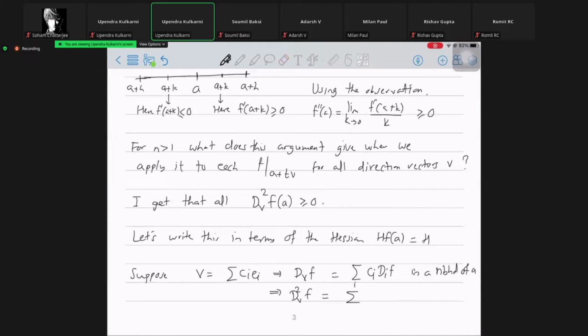Now I have to take v as the summation of cj ej once again and apply the same result I applied earlier for the function f when I took the directional derivative. I have to apply it to each one of the partial derivative functions, that is, to each di f. So now I will get a double summation over i, j of cj ci dj di of f.